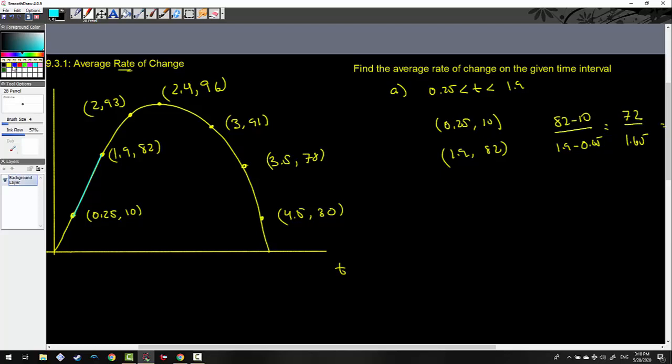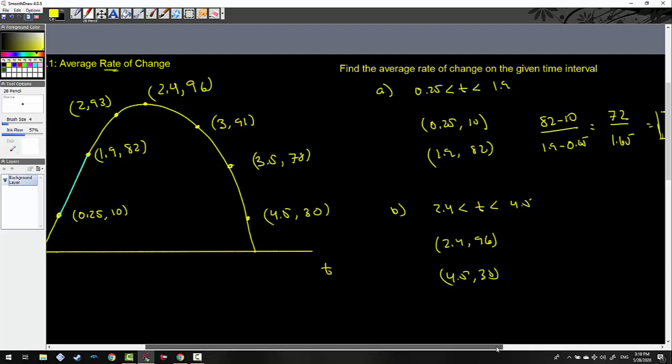Okay, let's do another one. Let's do the time interval from 2.4 to 4.5. So again, what does that tell me? Well, at 2.4 comma 96, 4.5 comma 30. So into the slope formula we go.